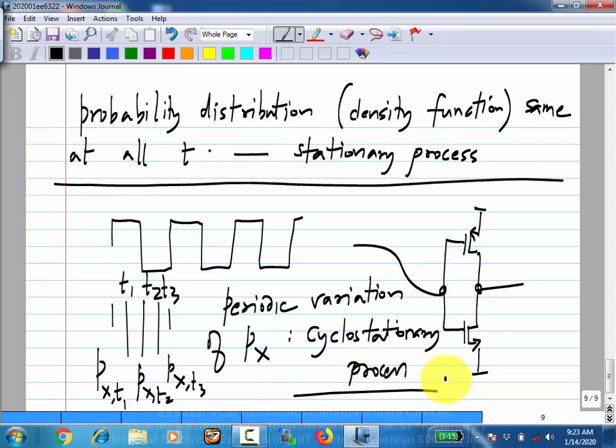By and large, everything that we do calculations with will be stationary, but the cyclostationary stuff is also common enough that you should be aware of its existence, and sometimes you will have to take into account the fact that the noise will be different at different instants of time.